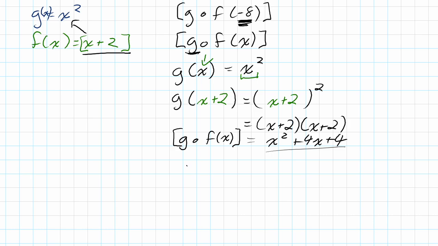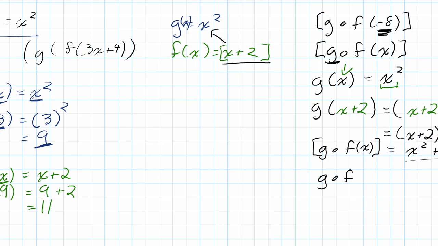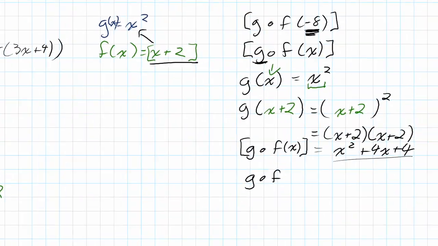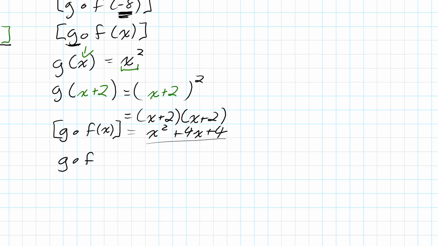And now what I'm going to do is take g at f at, I believe they asked for -8. Let me double check that. Yeah, they did. F at -8. Well, because we now have a new general function for this, which is our x squared plus 4x plus 4, we can replace each of the x's with the value for this function.